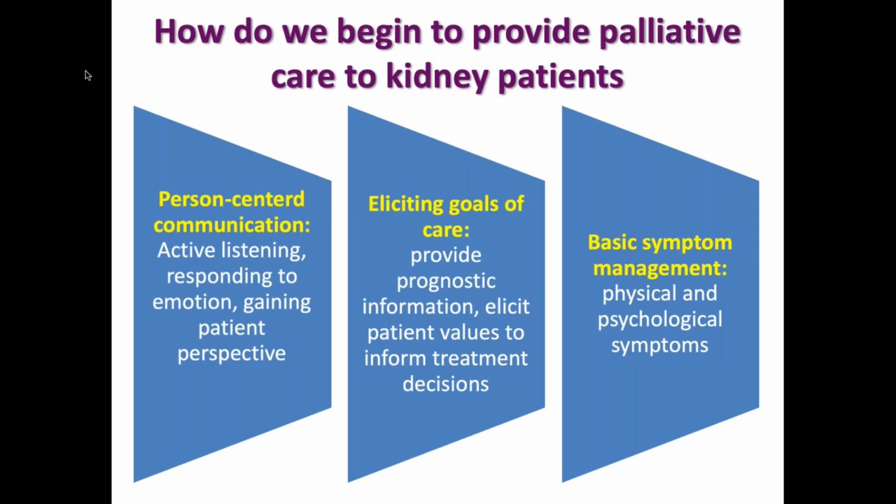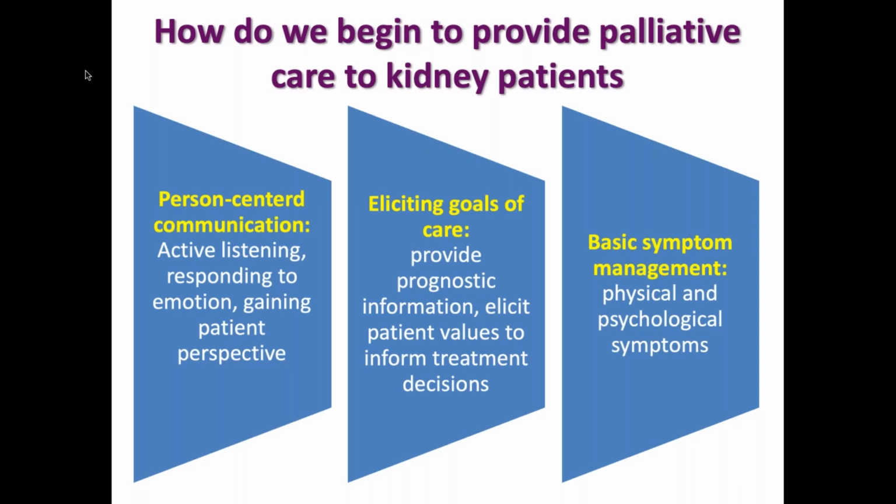For example, a patient might want to simply stay on dialysis for the next 6 months or 1 year to see his daughter or his son get married, or another person might want to have a very long and productive life. So their goals for being on dialysis would be very different. And when we do that, we need to provide them with prognostic information.